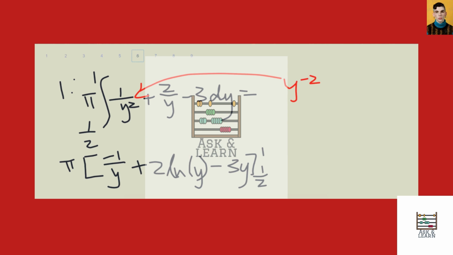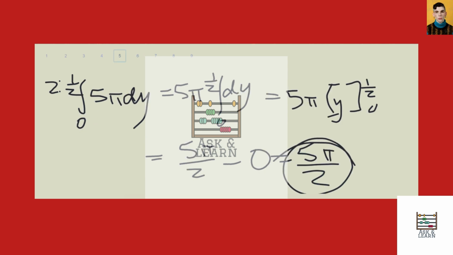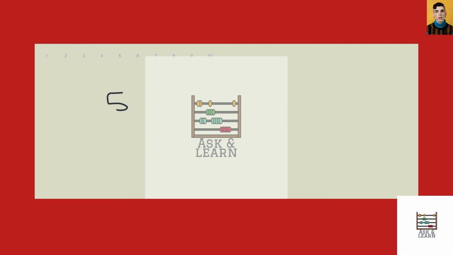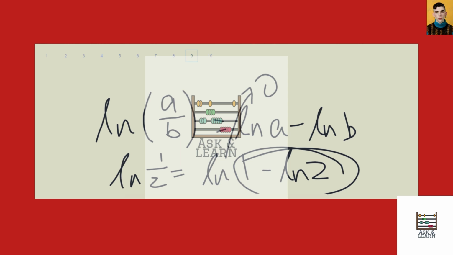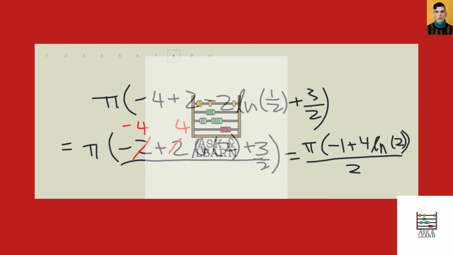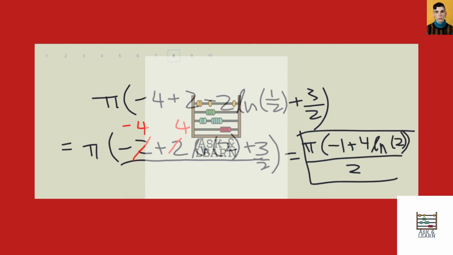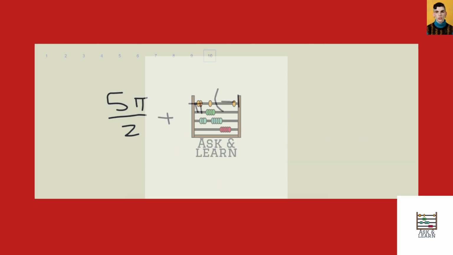We still have to go back and add this. So let's go 5 pi over 2 plus whatever we find here, which is this, pi times negative 1 plus 4 ln 2 over 2.